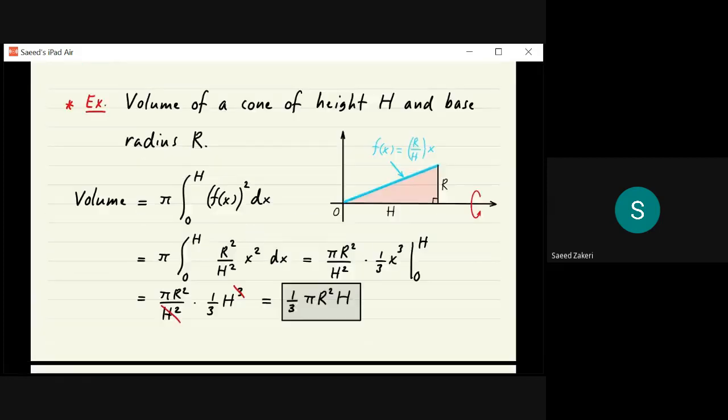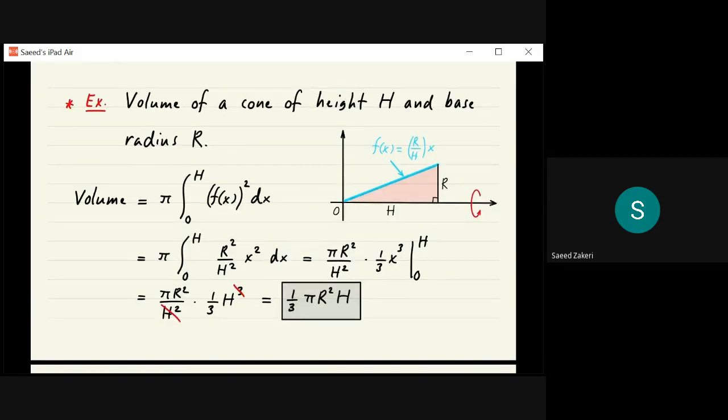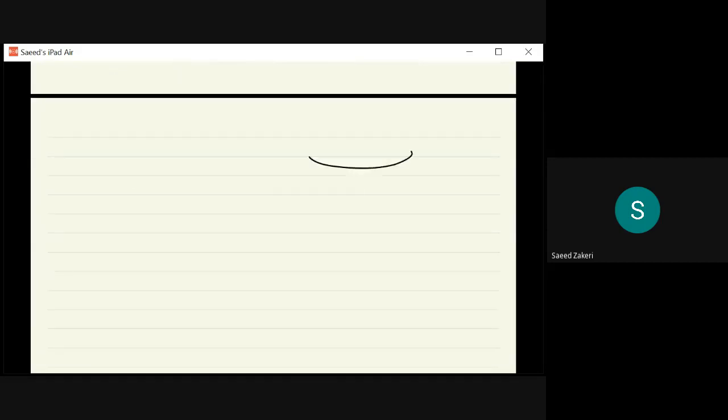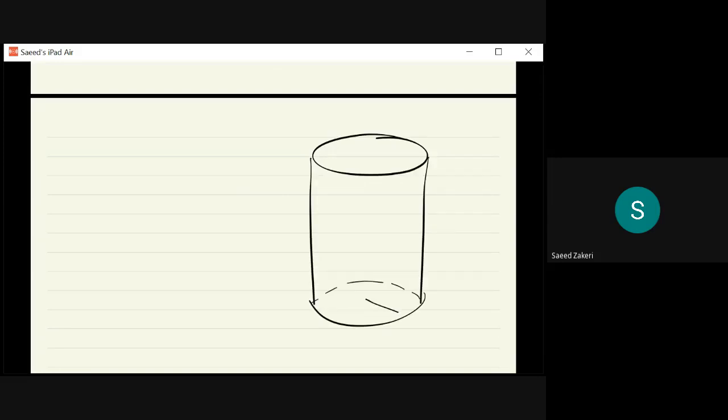What this is saying, if you want to interpret this, maybe I can just add a page here to show you. If I had a cylinder of base radius r and height h, we showed that the volume is pi r squared, the area of the base, times height.